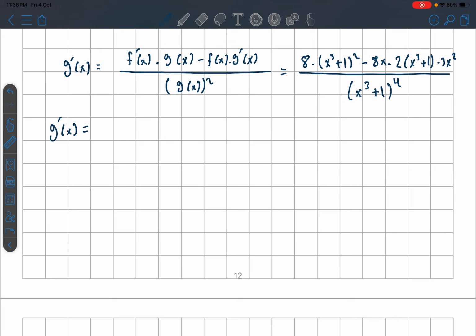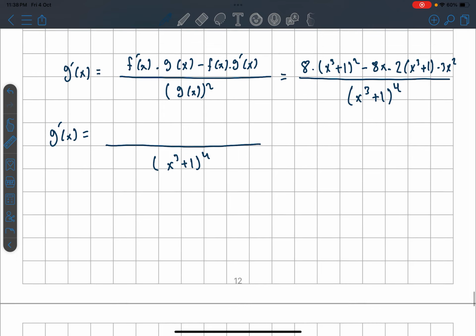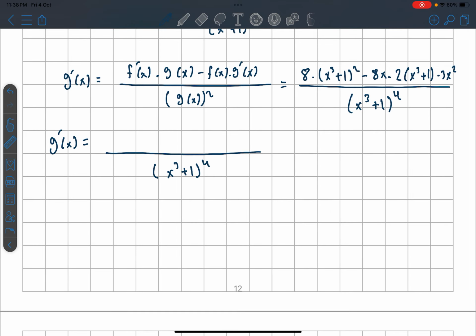Now let's simplify it. So we have here the denominator, and the numerator to be 8 times (x cubed plus 1) squared minus 8x.